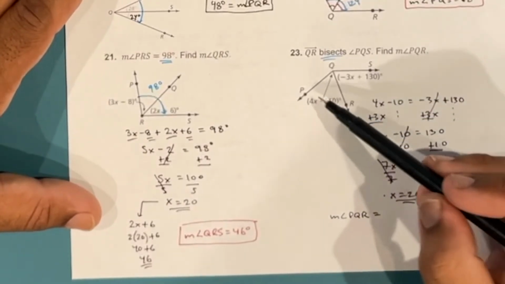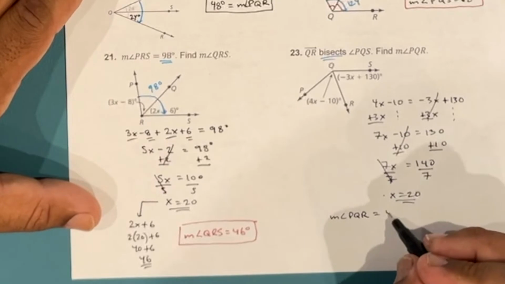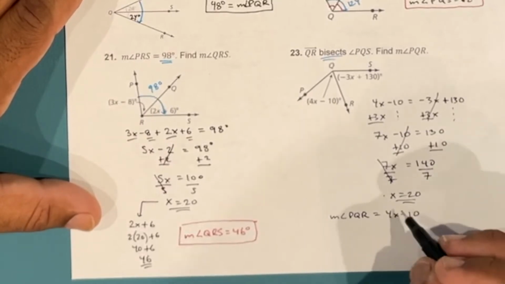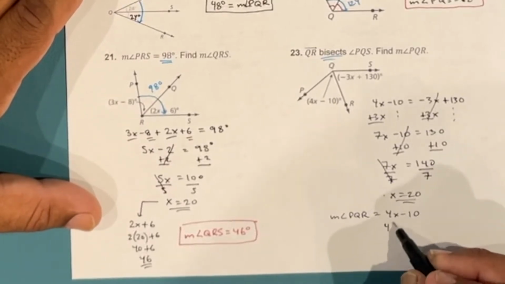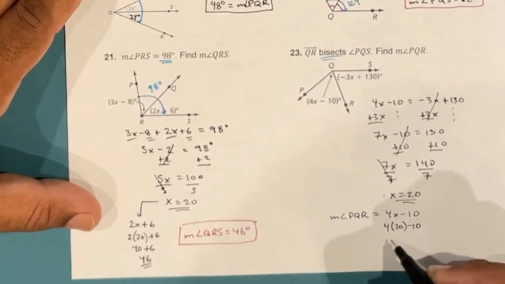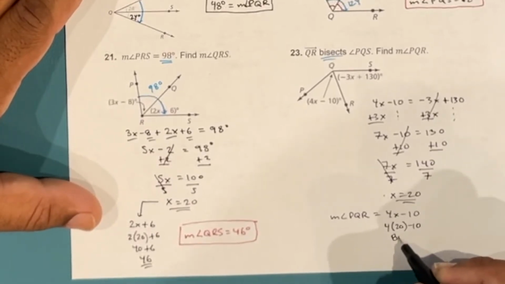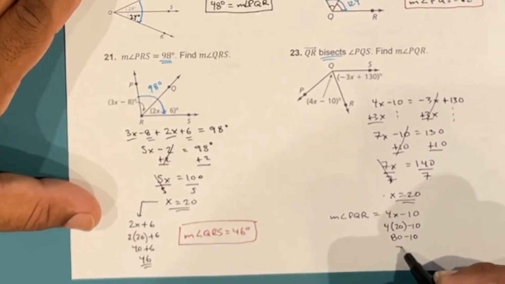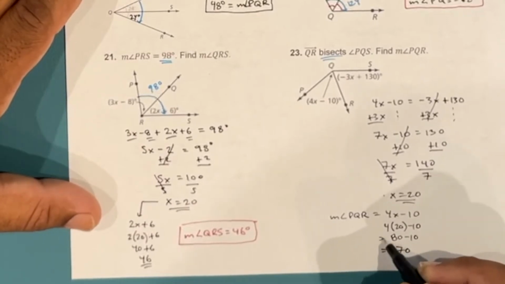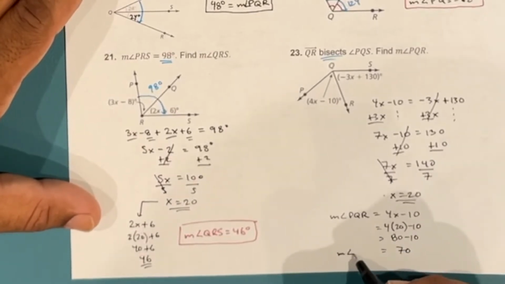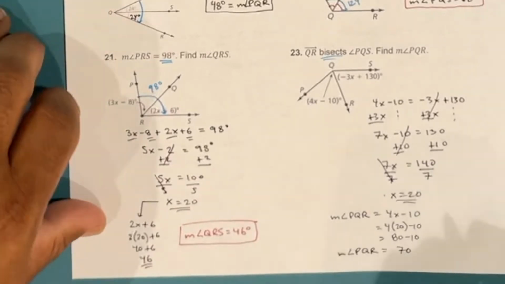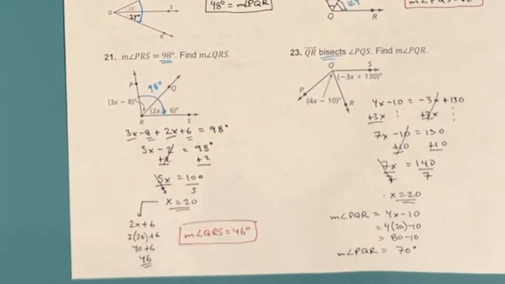PQR is 4x minus 10. That's 4 times 20 minus 10. That's 80 minus 10, and that is 70 degrees. So the measure of angle PQR is equal to 70 degrees.